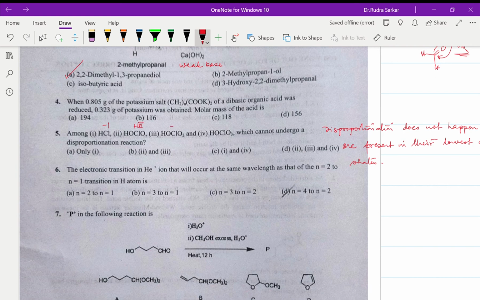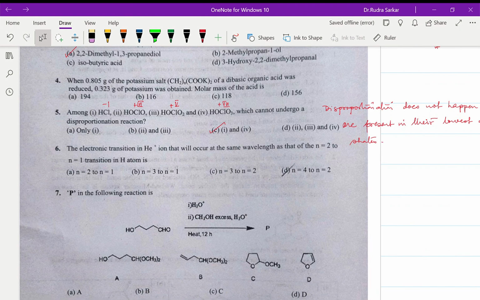This is present in the plus 5, and this is present in the plus 7. So out here we will say that option 1 and 4 are the correct options.